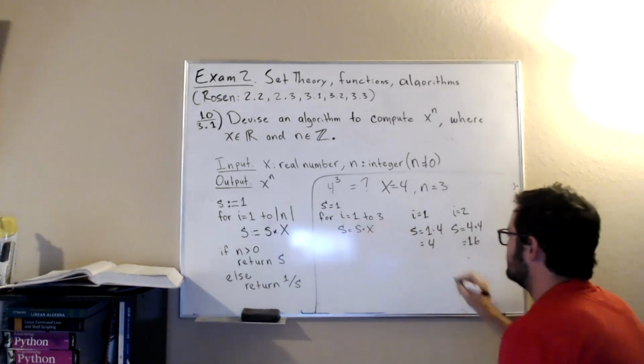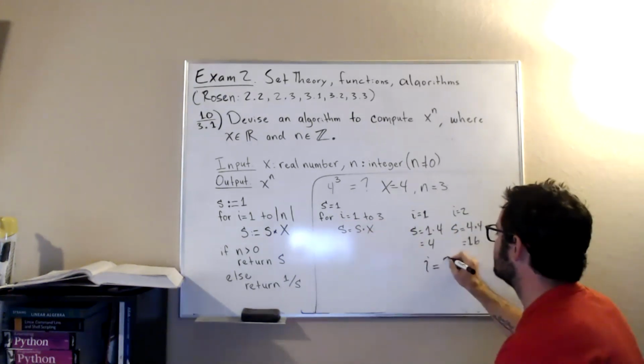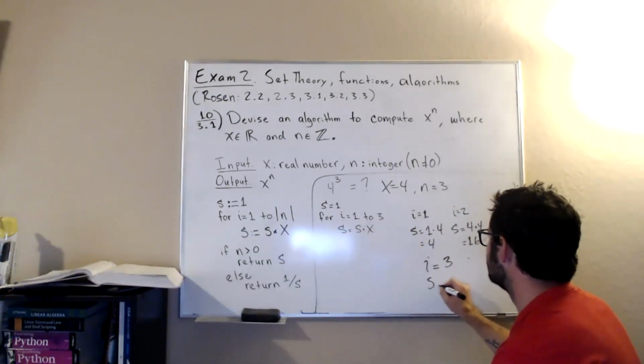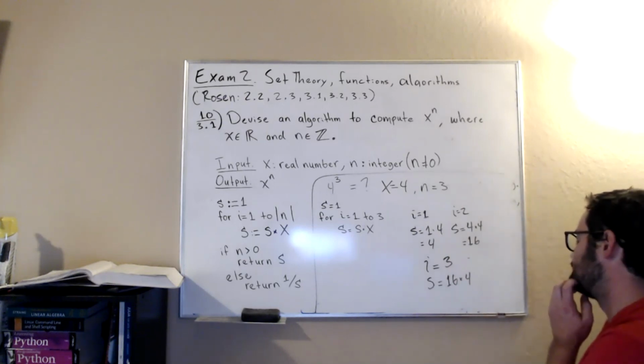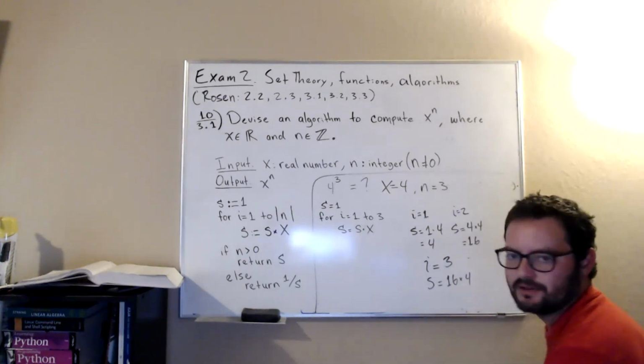And finally, when i is equal to 3, s is equal to s times 4, so 16 times 4, which is 64.